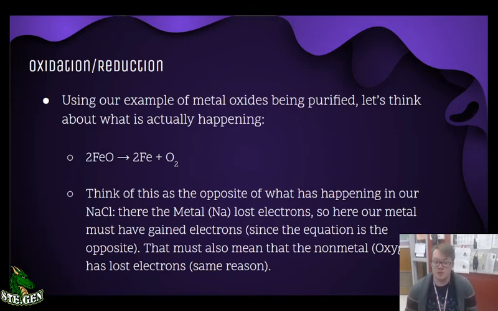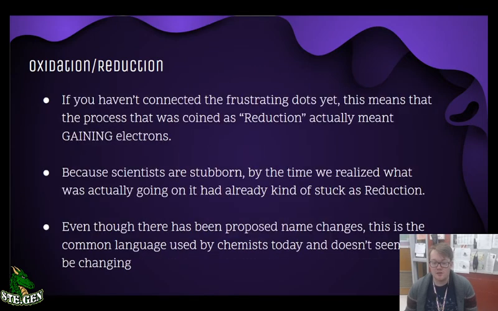It was reduced. And that means that the oxygen was oxidized, which feels weird, like the whole water wet argument. So the naming doesn't really make sense. And the naming was there before they had discovered oxygen. However, scientists are stubborn. So by the time they realized that there was not actually this stuff going on, everyone was already calling it oxidation and reduction.